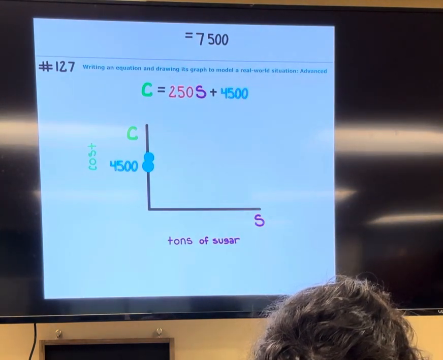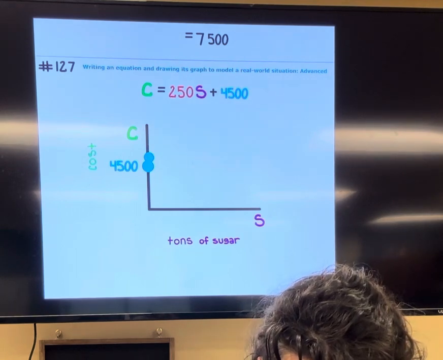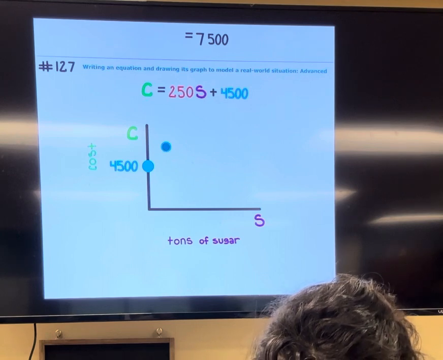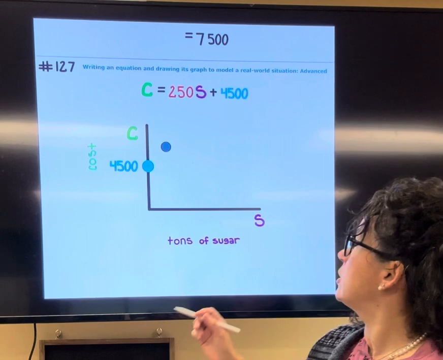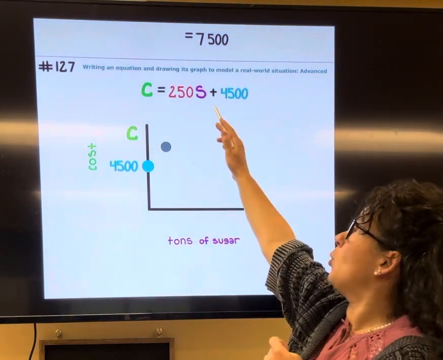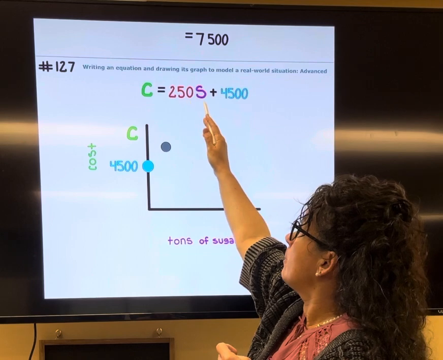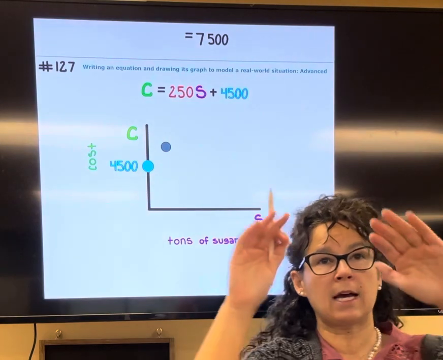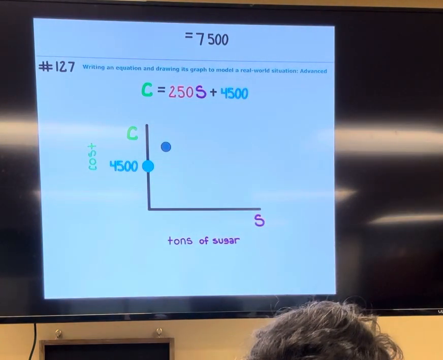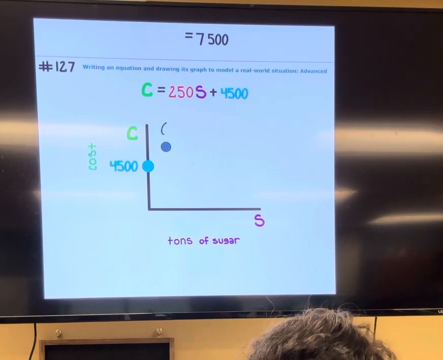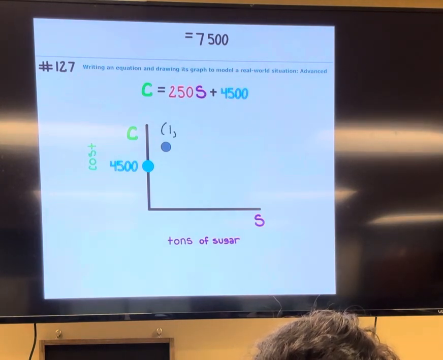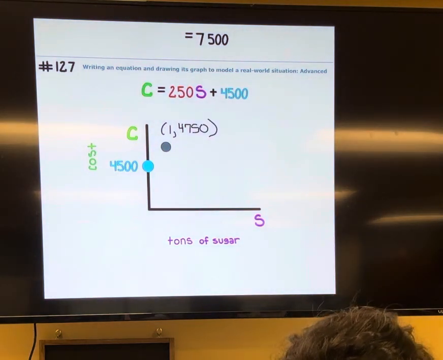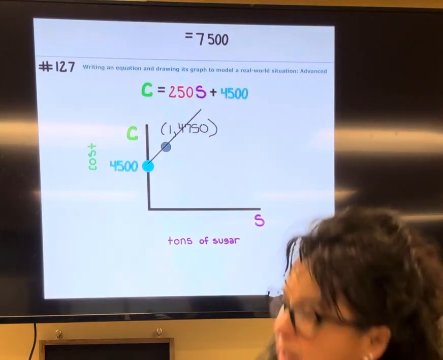Something though, because you're working on a graph that already has what you're counting by, what you might want to do instead is if I substitute 1, then I end up getting 4,750. Let me just write this point here really quick. So that's 1, comma, 4,750. Okay, and then I'm going to draw this line, and we have it graphed.